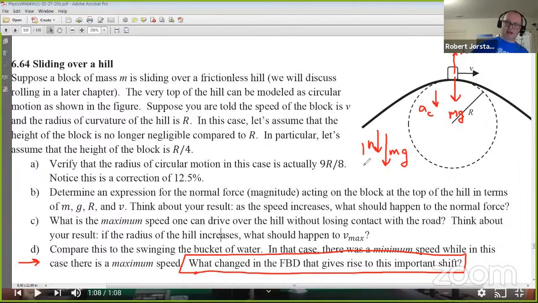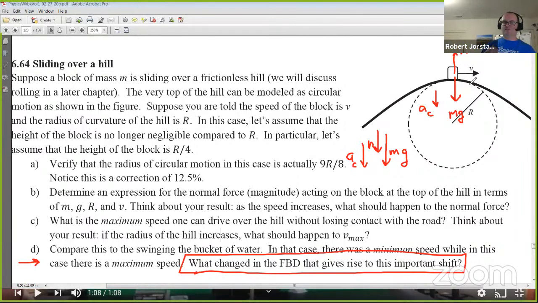So sometimes you've got to be careful. These problems look very similar, but in the bucket of water, the normal force was pushing down, which meant there was a minimum speed before you lose contact. In this one, when you're going on the outside, there's a maximum speed before you lose contact. So the physics is the same.